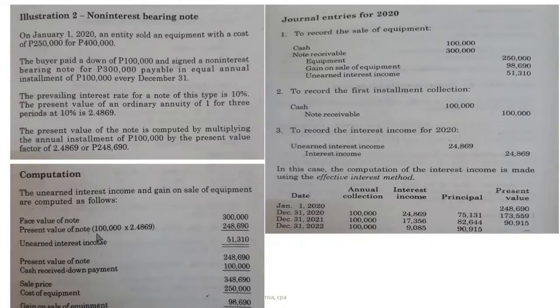But you multiply it with the annual installment and not on the principal nga 300. Okay? So the difference is your unearned interest income, which is 51,310.